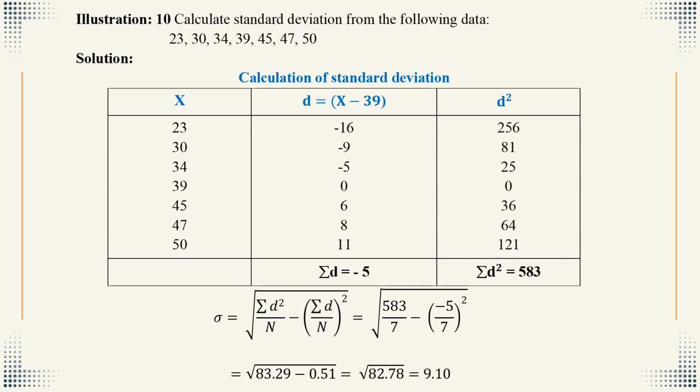And directly you can apply the standard deviation formula: square root of sigma d square by n minus sigma d by n the whole square, equal to 583 by 7, where 7 is the number of variables, minus minus 5 by 7 whole square, that is sigma d by n. Thereby the calculation has given the value 9.10. Here you can see how far the values are away from the arithmetic mean, around the 9.1 level.